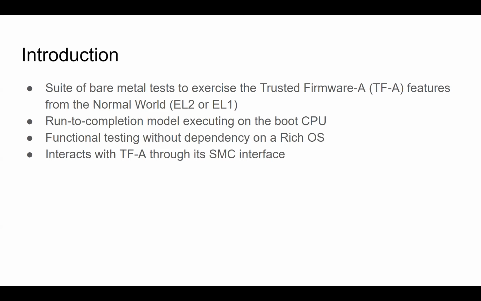Yes. So on similar lines, for FFA tests, there are some payloads like Cactus. They are running at secure EL1. Though in the secure world, there is no primary VM concept. All of the VMs are secondary only.